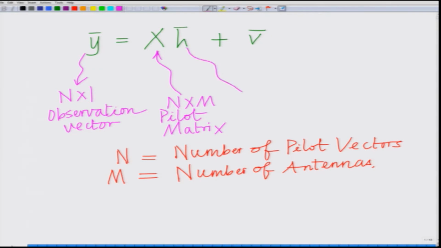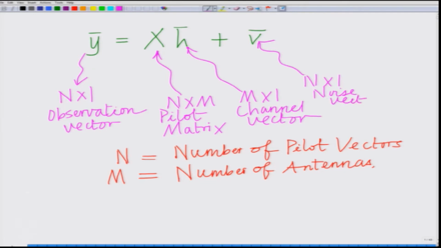H bar is the M cross 1 channel vector, and v bar is the N cross 1 noise vector. H bar is naturally an M cross 1 channel vector.